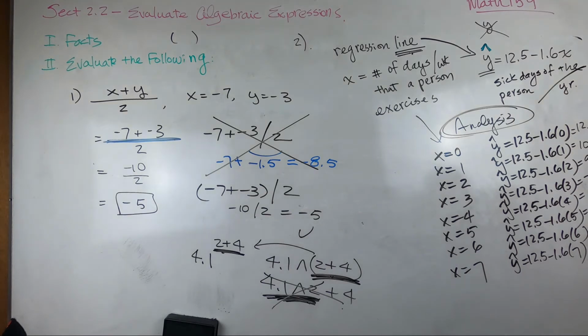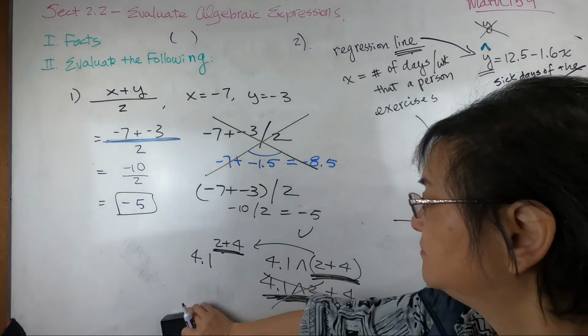How many times will he be sick? So the question is, if you exercise 4 days a week, how many times will you be sick? 6.1, right? So what kind of conclusion can you make? Try to make a conclusion with a full sentence.